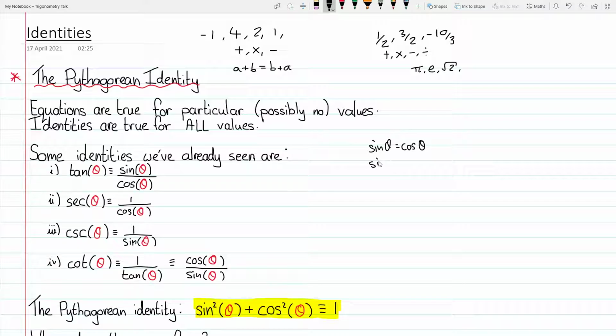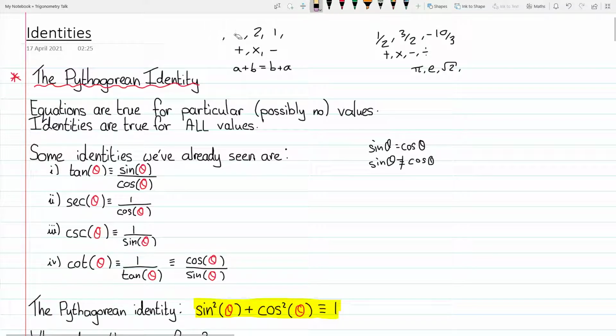But the fact is, when I write these 3 lines instead of the 2 lines, this means that these are equal in terms of functions, which just isn't true. We can find values for which these functions are not equal. So equations, where you just have this equality, are true for particular values of your input, but identities are true for all the input. So these functions, in order to be identical, need to be equal for every possible value.